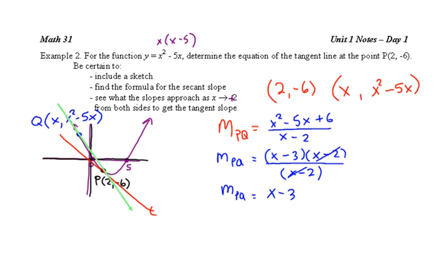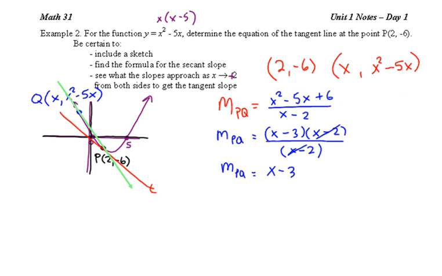Even if there's a hole in the graph, the limit is different than the actual point. It's not the actual answer, it's just what it's approaching from both sides. That's what the limit is.